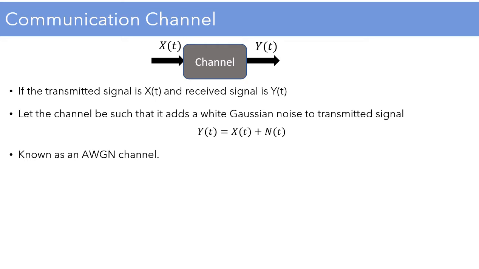So suppose the noise is nt, which means for each t, nt is an independent Gaussian random variable. In that case, the received signal is equal to the transmit signal plus noise. So we call it an additive white Gaussian noise channel or AWGN channel, and it is one of the simplistic yet very popular channel models which people have used to analyze various transmission methods and receiving schemes.